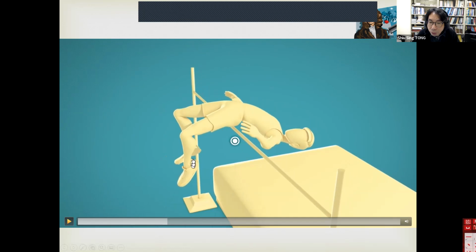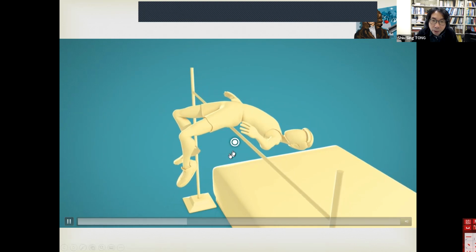He bent it to such a large extent that the center of mass of his body just passes below the pole, instead of over it. So that poses an advantage because he requires less energy to raise his body.